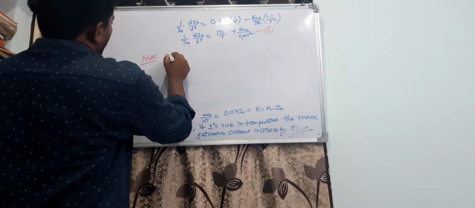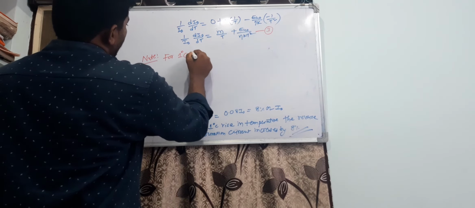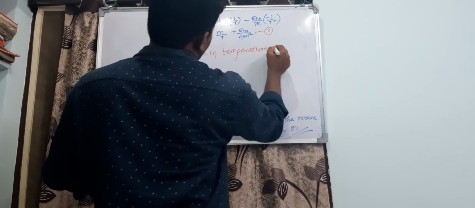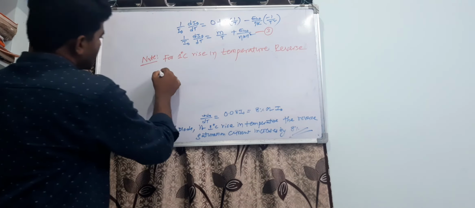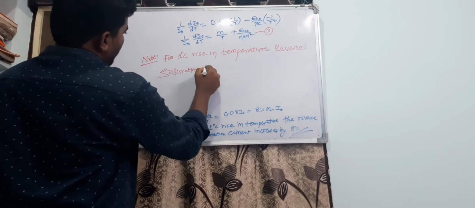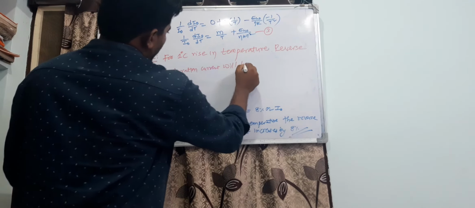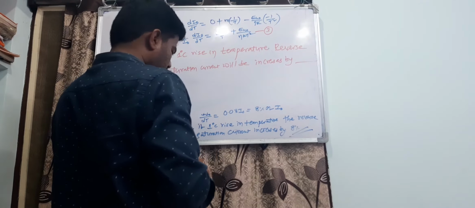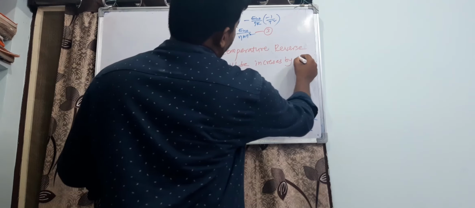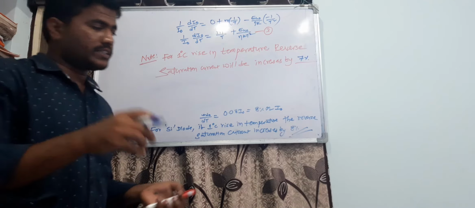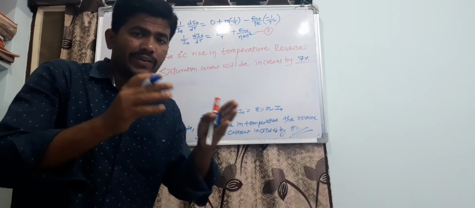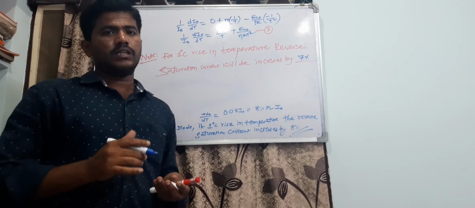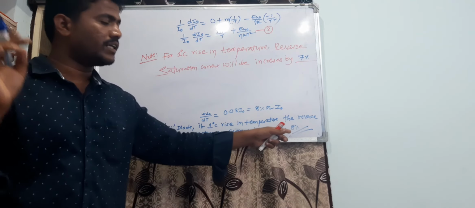So for 1 degree centigrade rise in temperature, the reverse saturation current increases by, in general, 7%. Specifically, if they ask for germanium and silicon, we will say for germanium this value will be 11% and for silicon 8%.